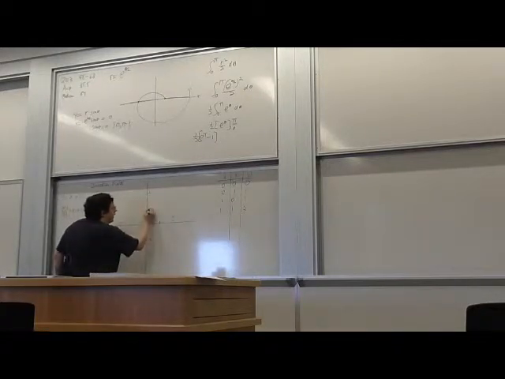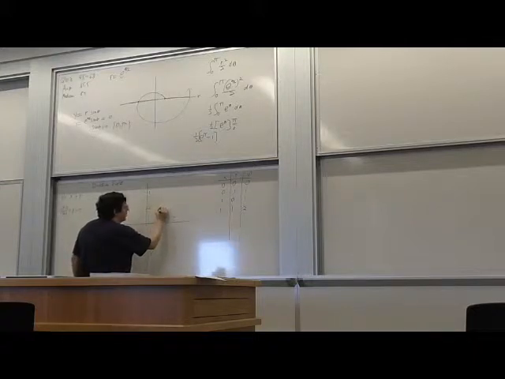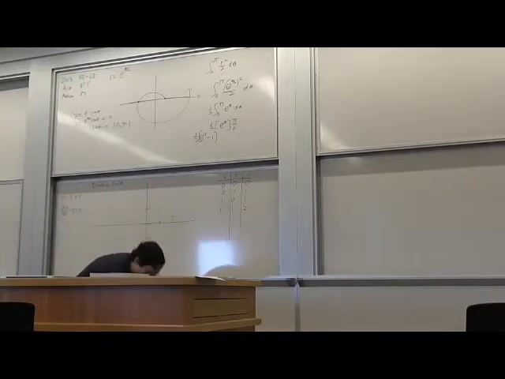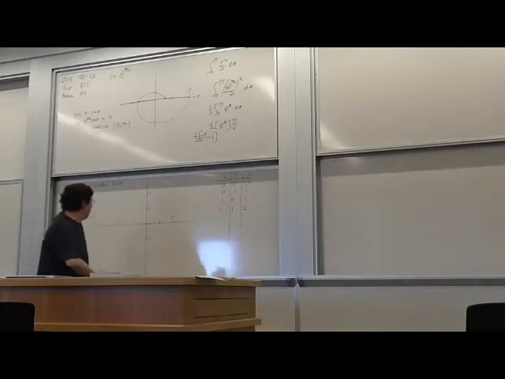Okay. Here again, the slope is 1. 1, 1. Now the slope is 2. So change in y over change in x, 2. All right, so that's where we're going with this.